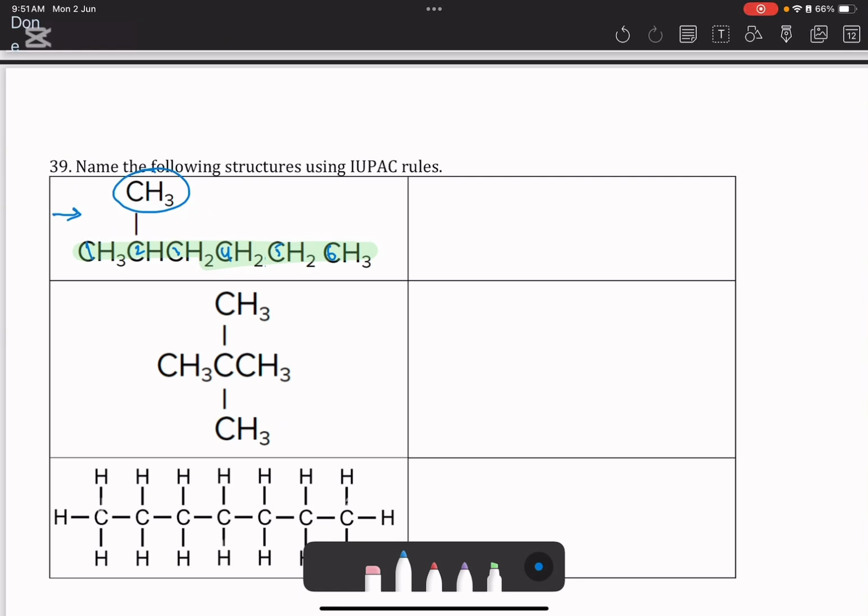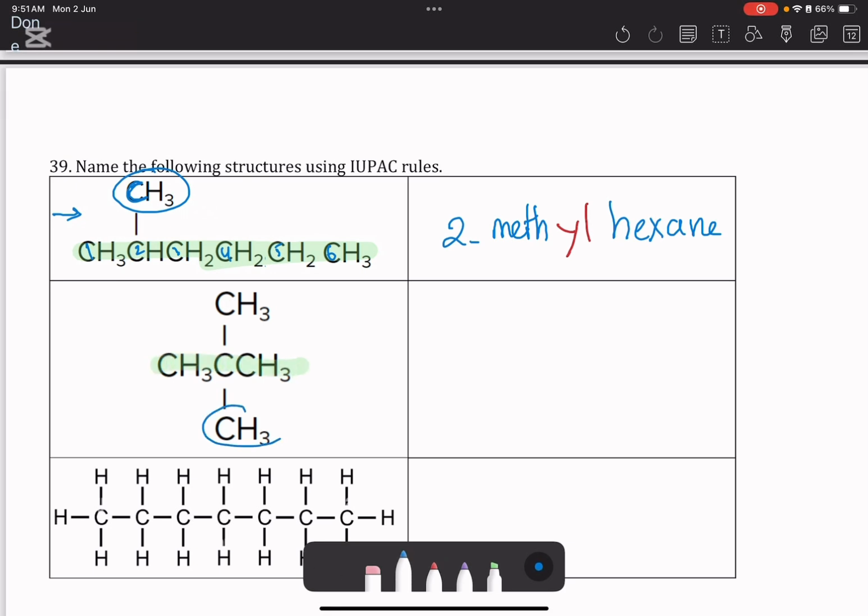Place the number inside the carbons so that you don't miss anything. 6 is hex. Since this is an alkane, it's going to be hexane. And on the second carbon, I have a branch made up of 1 carbon, so it's meth. Since this is a branch, I'll use the termination methyl.